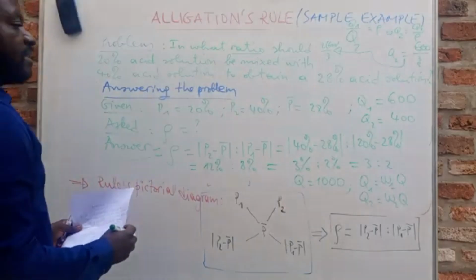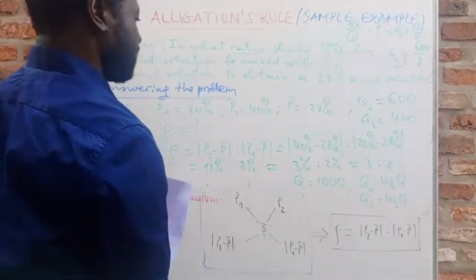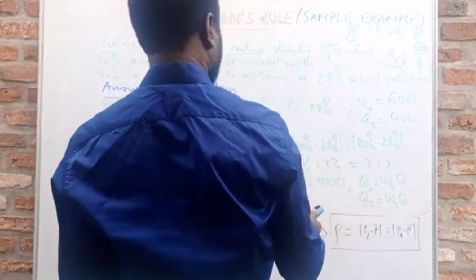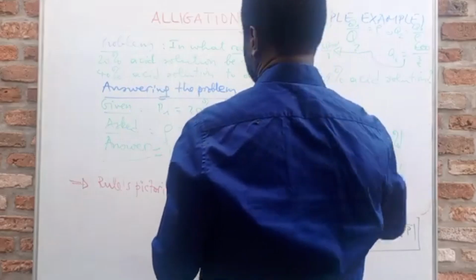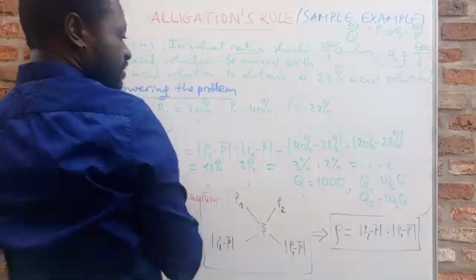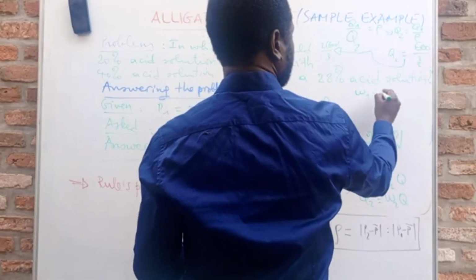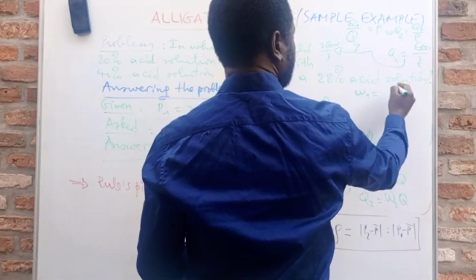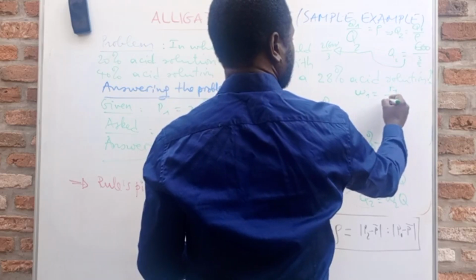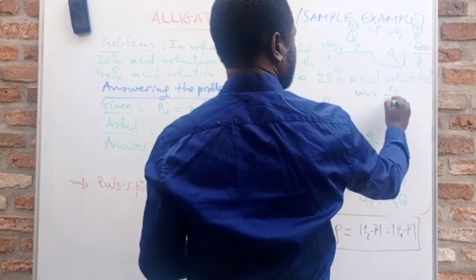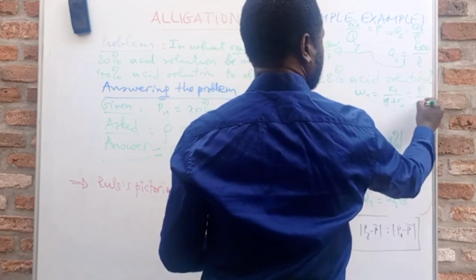And what is it in this case? Okay, in this case, how to find weight. So I can find weight. First weight is equal to first ratio, or ratio actually, over 1 plus ratio.